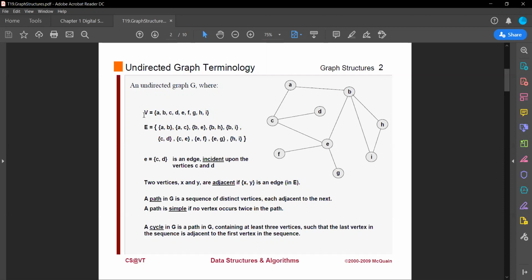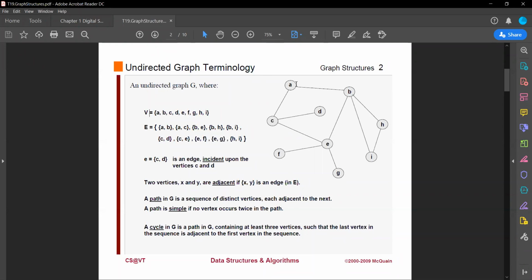We list the vertices as V, so all of the nodes are included in the set V. And the edge set E represents how many connections between vertices are present in the graph.